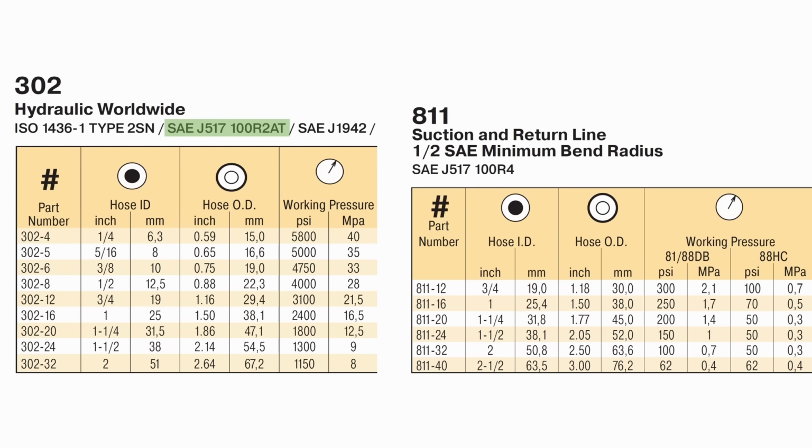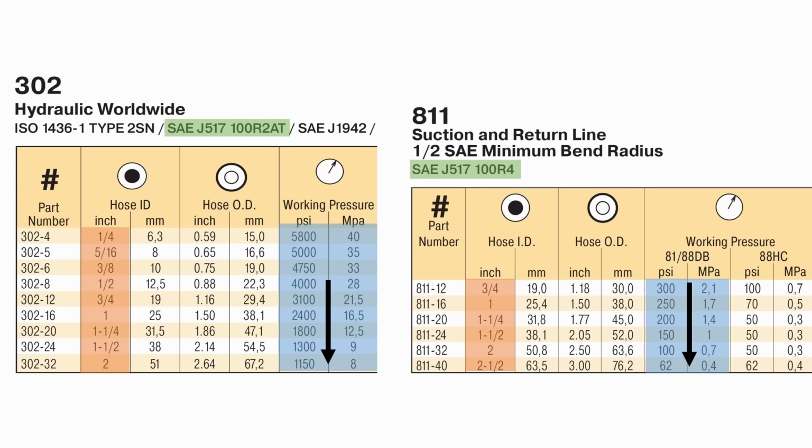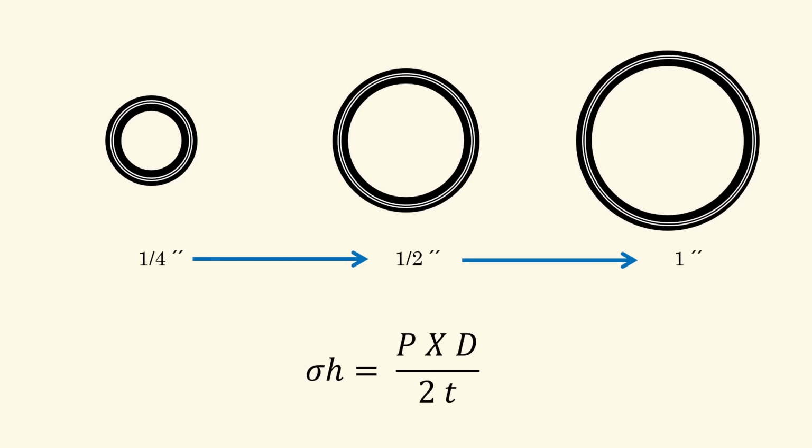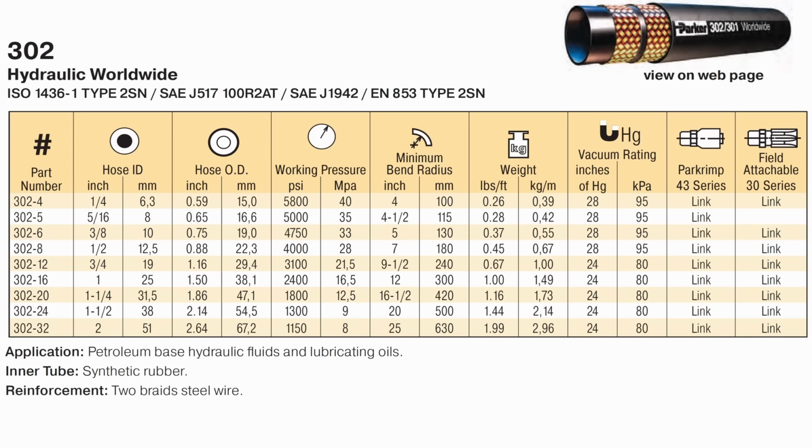Now comes the important point: why the pressure rating decreases in these series when the hose size increases. As the internal diameter of any hose increases, the hoop stress at the hose circumference also increases. And in a given SAE hose series, the wall thickness and reinforcement construction remain the same for all sizes.